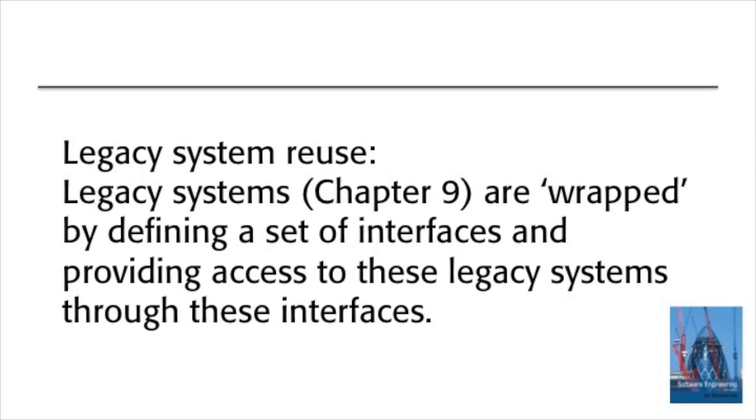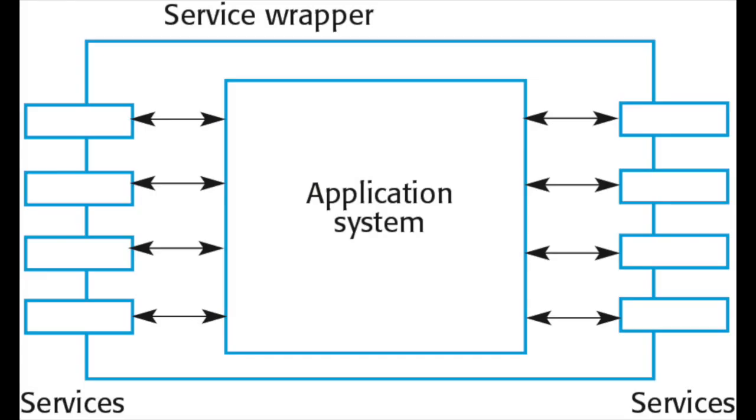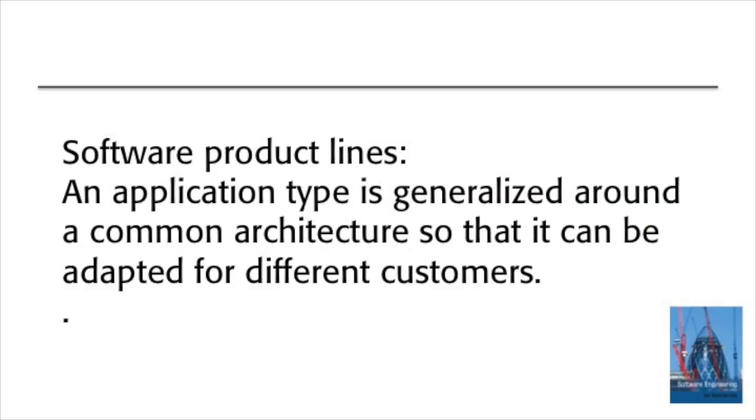Examples of ERP systems are produced by companies such as Oracle or SAP. Continuing the idea of systems, one form of reuse is to take a legacy system which may not have been designed to be integrated with other systems or to be reused, and to build interfaces to it, such as a service interface that allows the facilities of that legacy system to be accessed, so it can be integrated and reused with other systems.